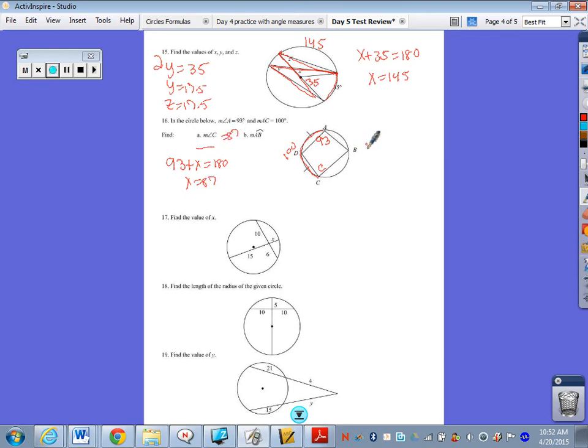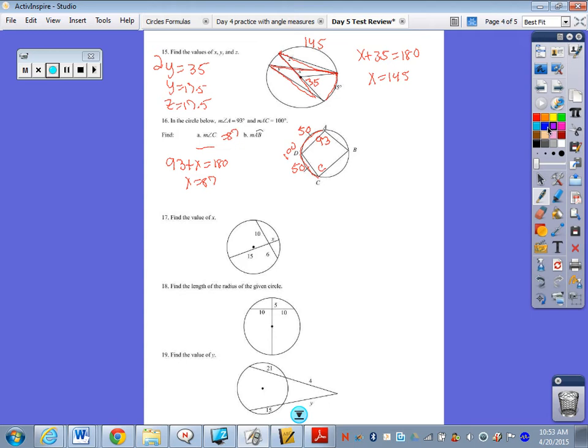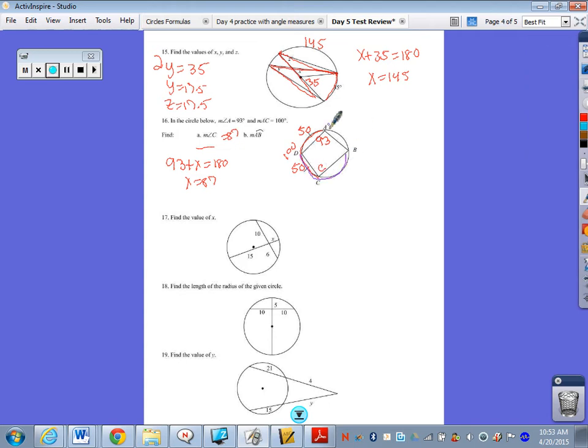And then to get arc AB, okay, so we just want this little piece. What we could do is we know each of these pieces are 50, and I can use the 93 because the 93 opens up to DCB, and it's on the circle. So if I do 93 times 2, that is equal to the arc, which is 186.